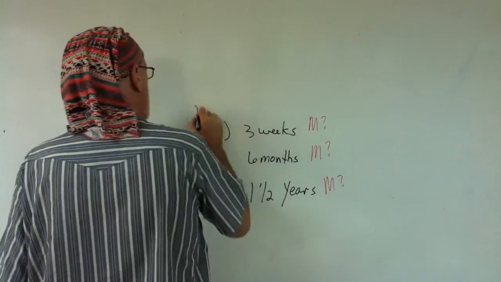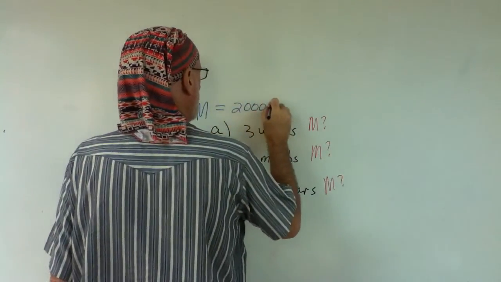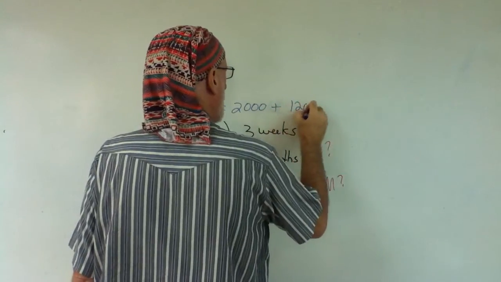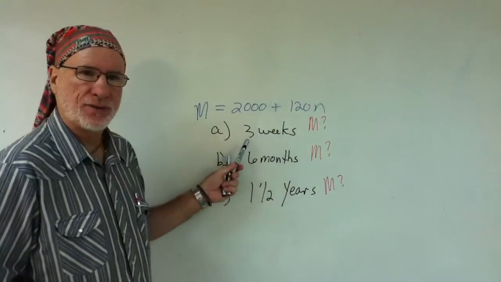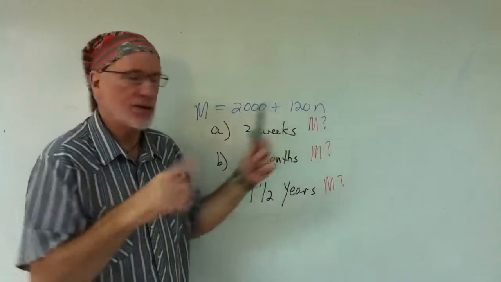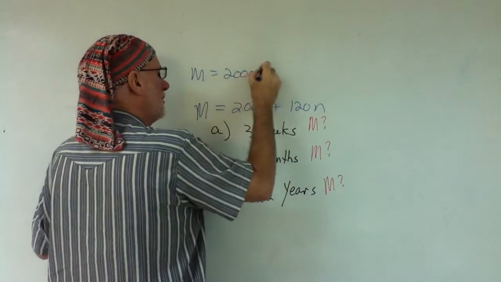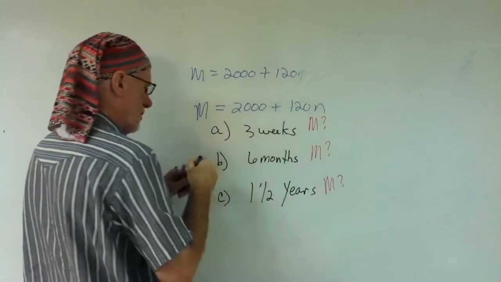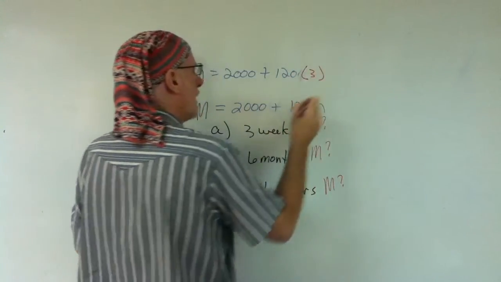So it's M equals 2,000 plus 120N. Okay? Now, I'm going to put in 3 weeks. What's N? Weeks, right? Good. So it's going to be M equals 2,000 plus 120 times 3.